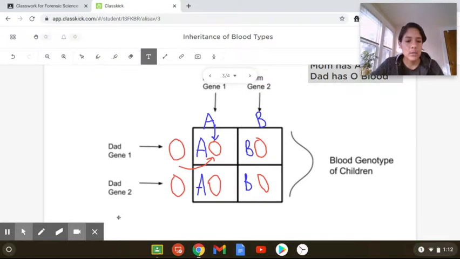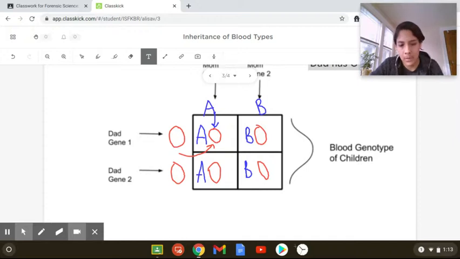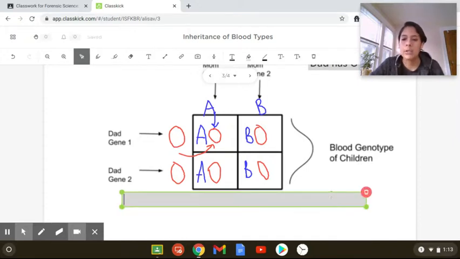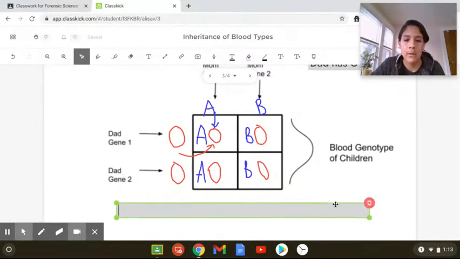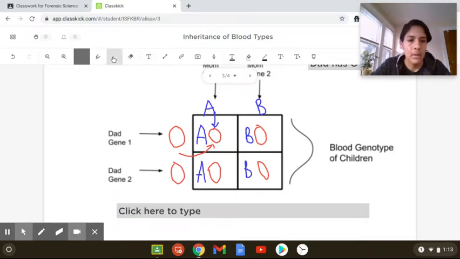Now, Punnett squares, knowing how to do them is great, but more importantly, we need to know what they mean. They give us a probability or a chance to predict what blood type each child will have, with a mom that has AB blood and a dad who has O blood. So if we treat each square as a quarter out of a possible 4 quarters, we would say that this square and this square, so 2 out of the 4 squares, are going to have this AO genotype.